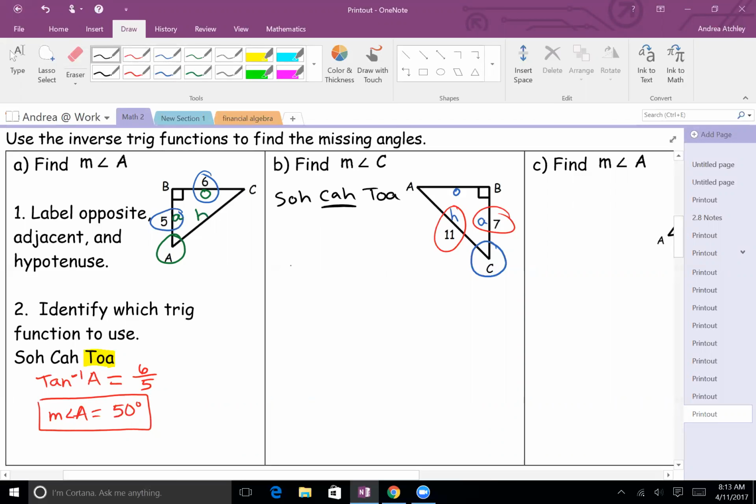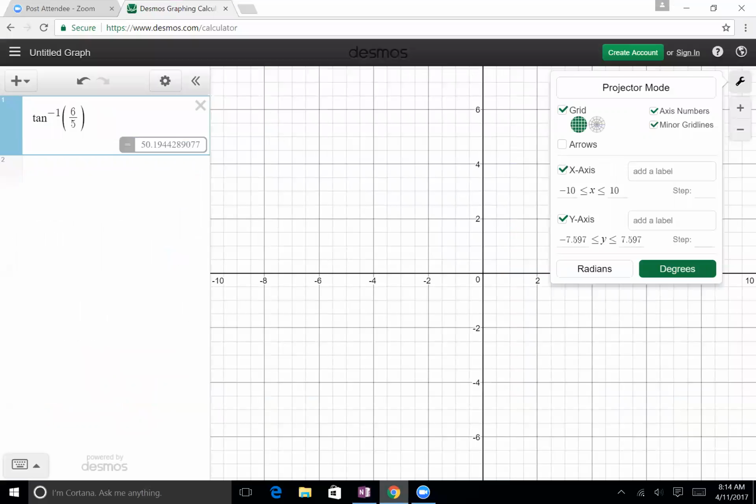So we again want to use the inverse because we're looking for the angle: inverse cosine of angle C equals adjacent of 7 over the hypotenuse of 11. So we go back to our Desmos.